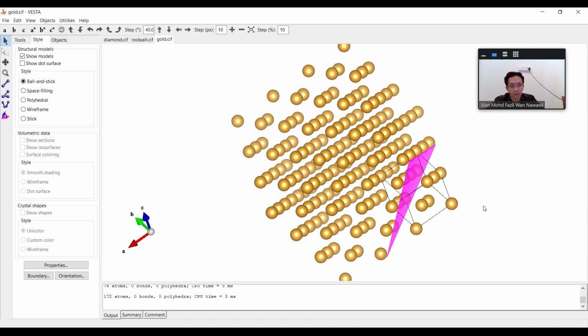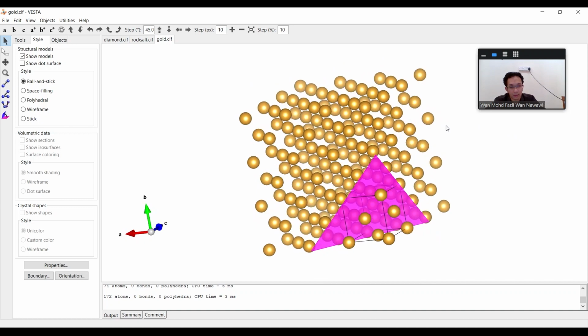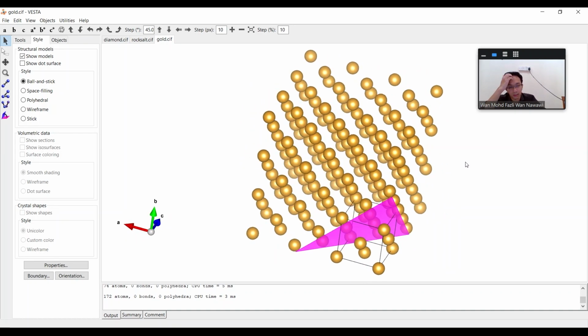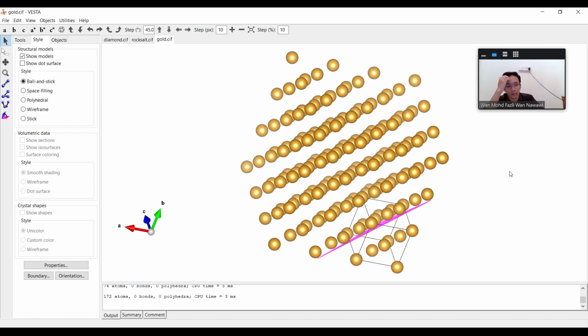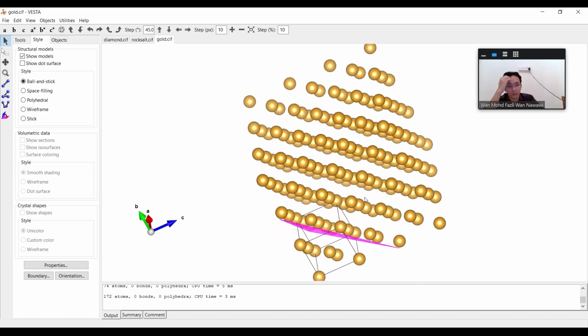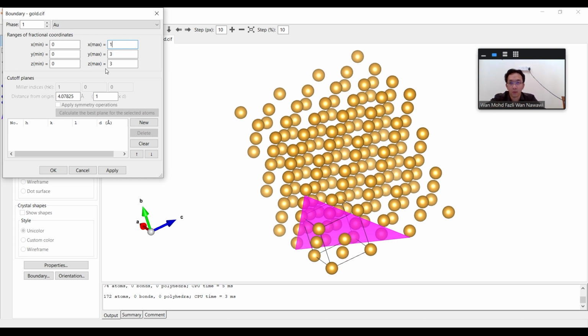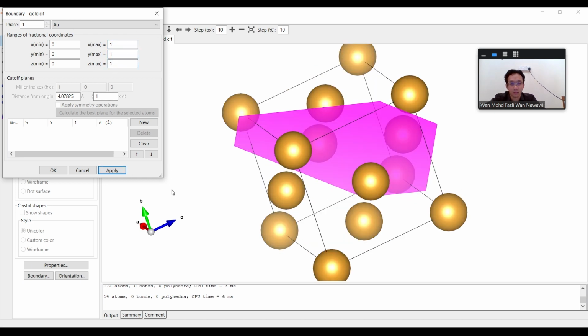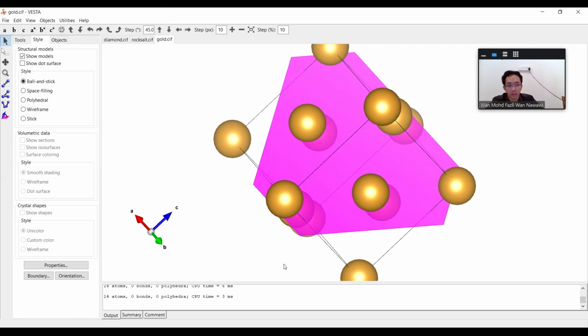You can see the triangle, 1, 1, 1. It is much clearer if you use this boundary, 1, 1, 1, 1, because this is big. So let me apply, and put it like this.